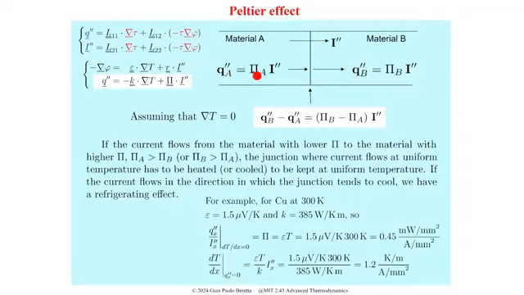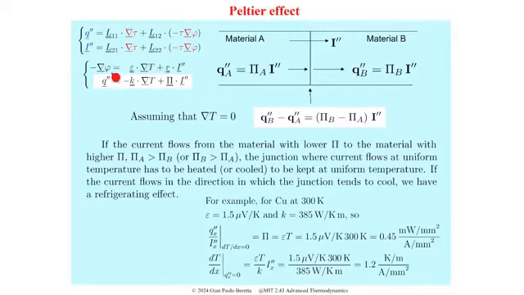But the problem is that this proportionality, the Peltier coefficient, is different for material A and material B. So at the junction, the electric current must be continuous because you cannot create charge. So the electric current that comes from A is the same that goes into B.